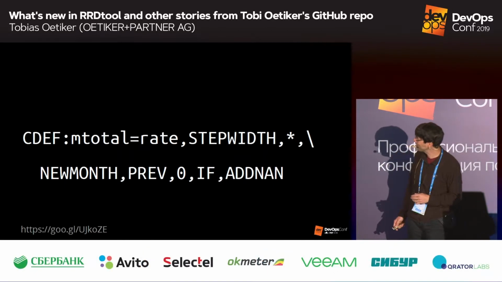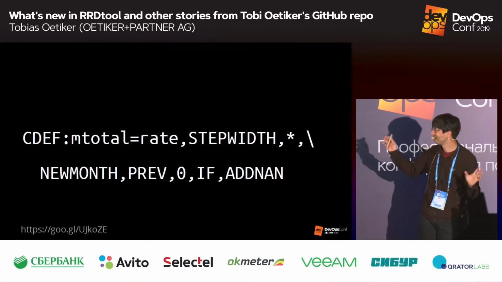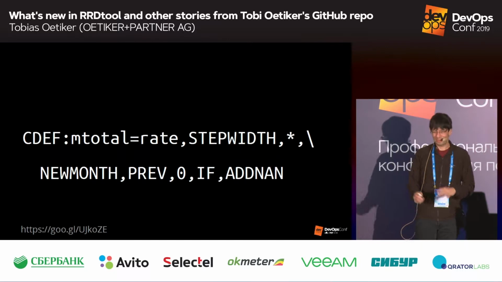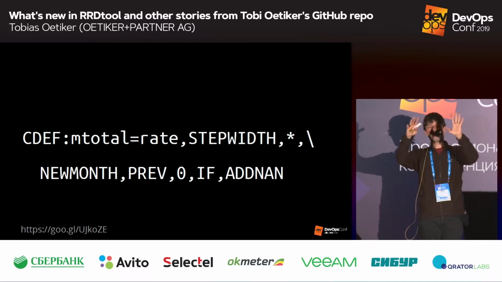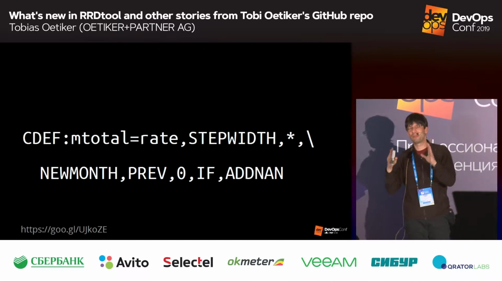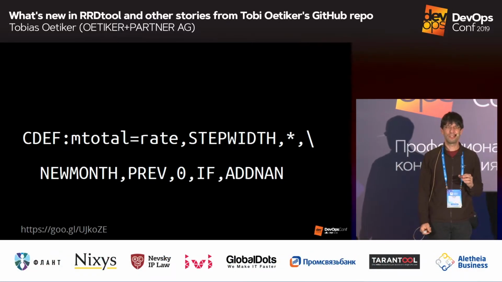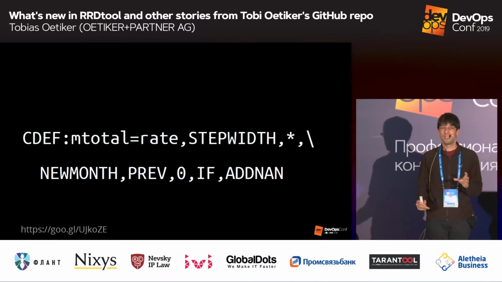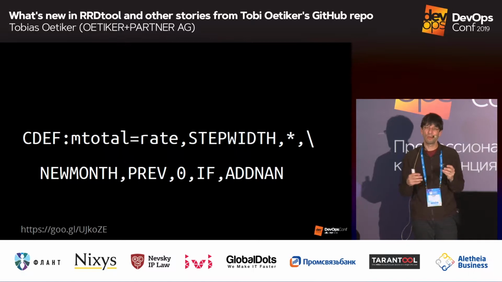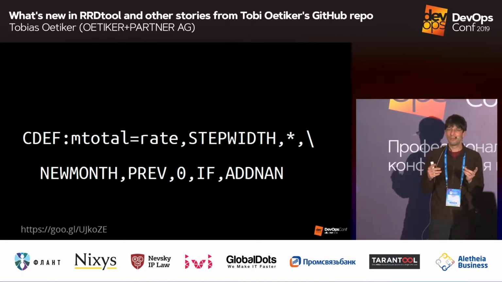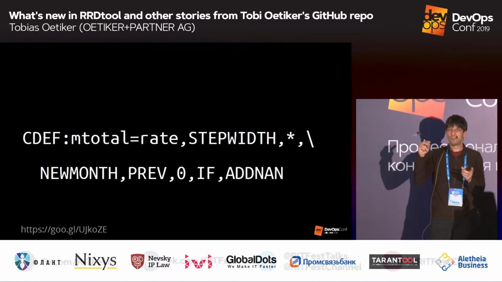Oh yeah, and then it gets very esoteric. So when you're drawing a graph, maybe that's also a very important feature of RRDtool. When you draw those charts, you can actually use reverse Polish notation math to calculate what should be drawn.